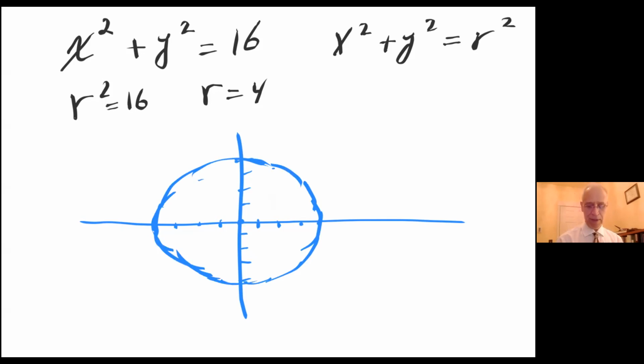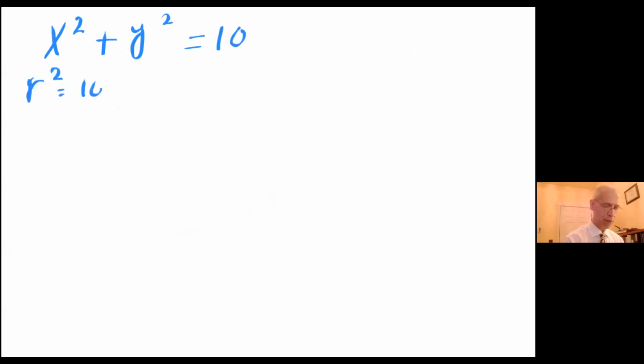And what if finally I had something like x to the second plus y to the second equals, let's say this time, just 10? Okay, I know r squared equals 10, so the radius is the square root of 10, which is approximately 3.162.